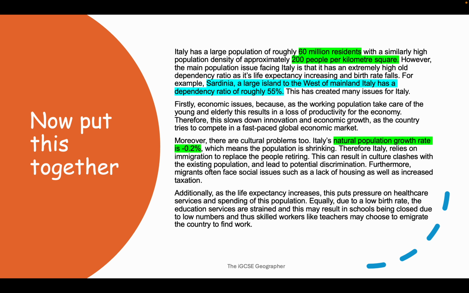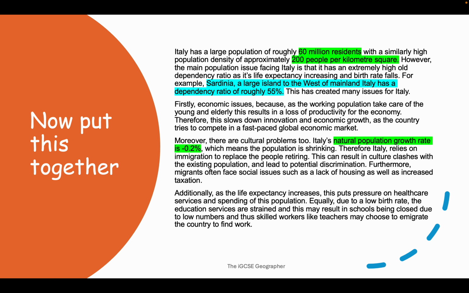However, the main population issue facing Italy is that it has an extremely high old dependency ratio, as its life expectancy increases, and birth rate falls. For example, Sardinia, a large island to the west of mainland Italy, has a dependency ratio of roughly 55%. This created many issues for Italy.